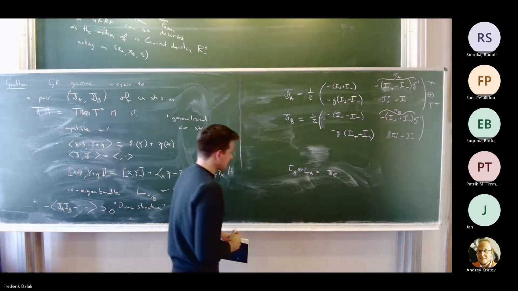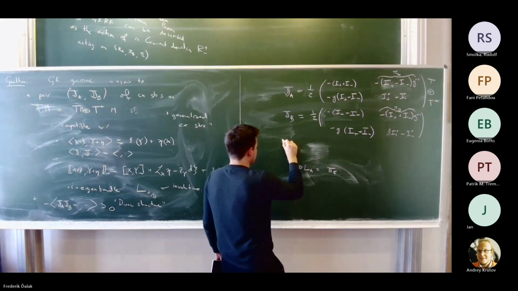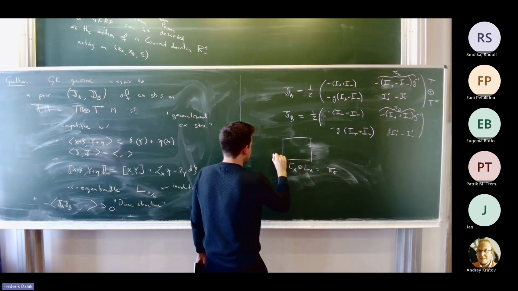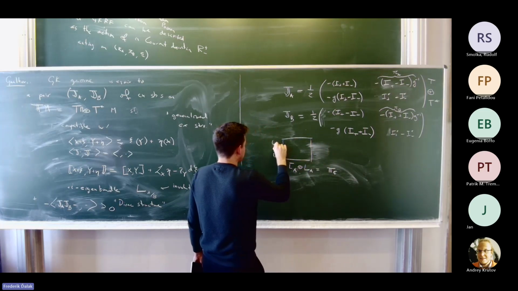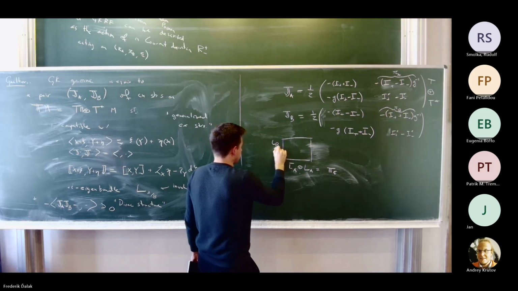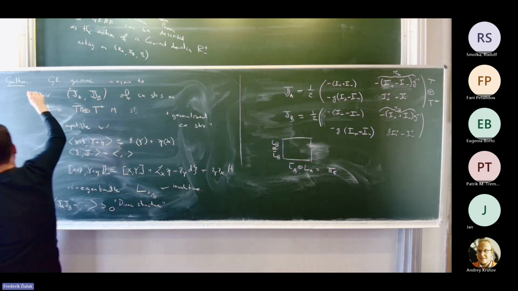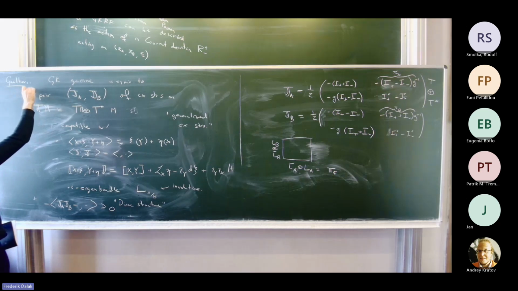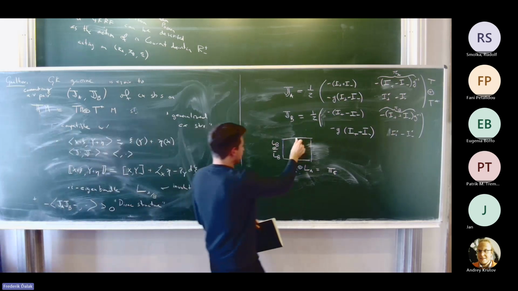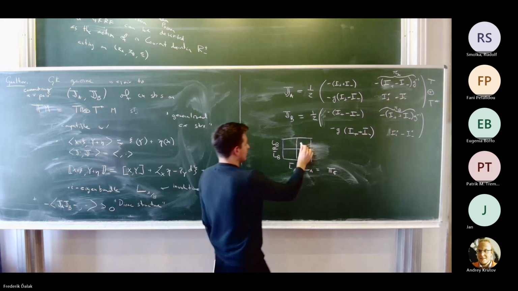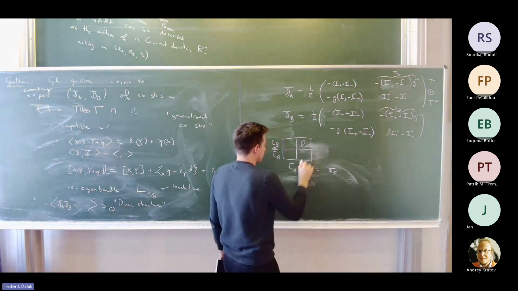But I also have LB bar and LB. One more thing: they are a commuting pair, that's important. Because they commute, these decompose. We'll call this L plus.